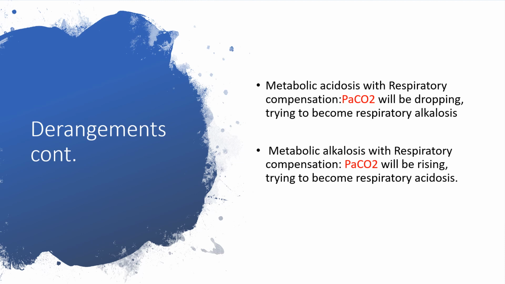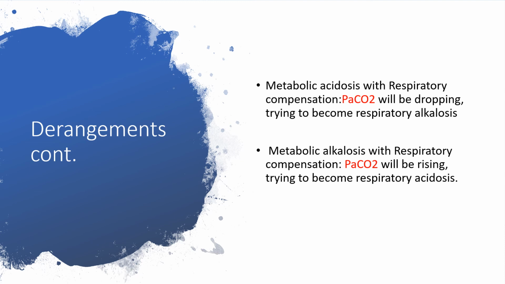But if there's metabolic acidosis with respiratory compensation, something will happen. The respiratory system will help by dropping the value of CO2, trying to become respiratory alkalosis. Okay? Just to go the opposite direction. The metabolic alkalosis, on the other hand, with respiratory compensation, will give us the PCO2 rising in value, trying to become respiratory acidosis, because metabolic alkalosis is a problem.